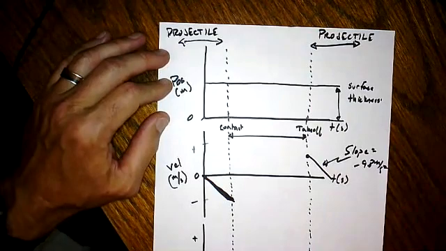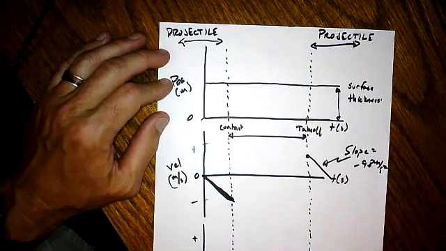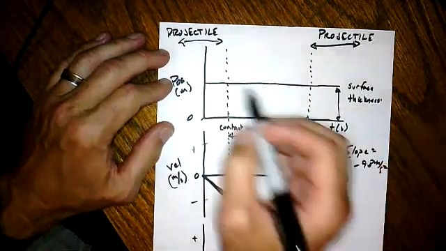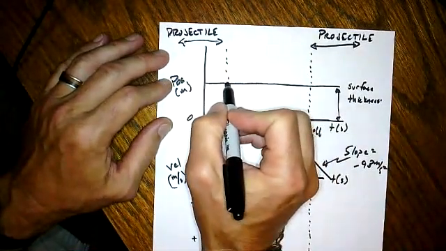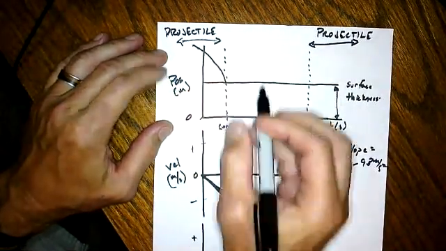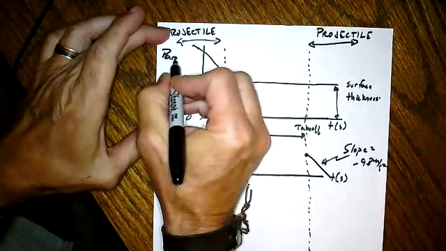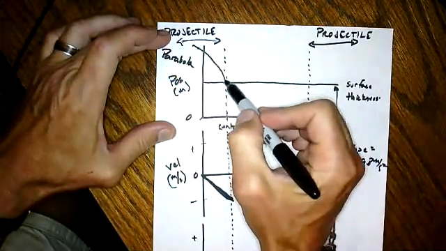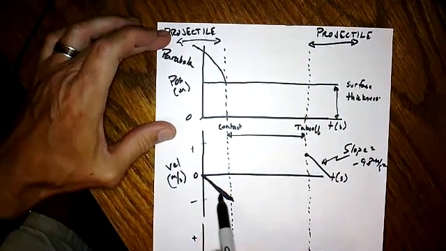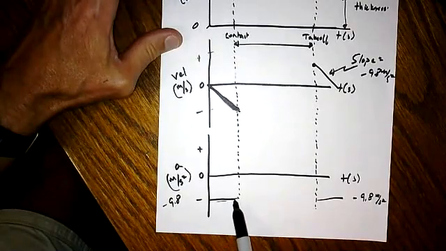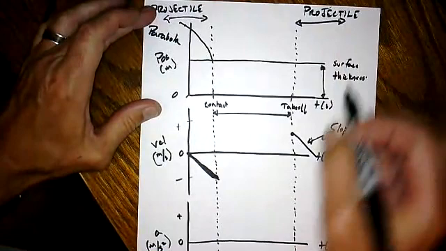So we know that the shape of the position versus time plot will be a second order polynomial or parabola. I'll just draw that part. This is a parabola. Constantly increasing slope. Velocity is increasing at a constant rate. Acceleration is constant, negative 9.8 meters per second squared. Same thing over here, projectile.